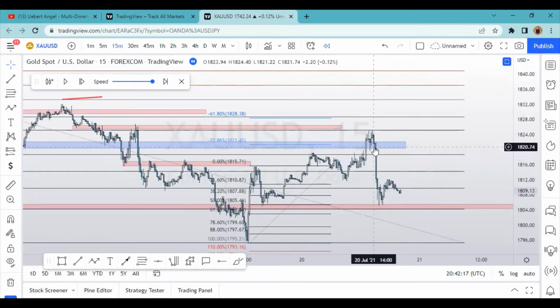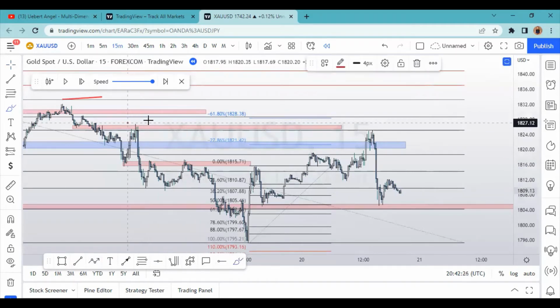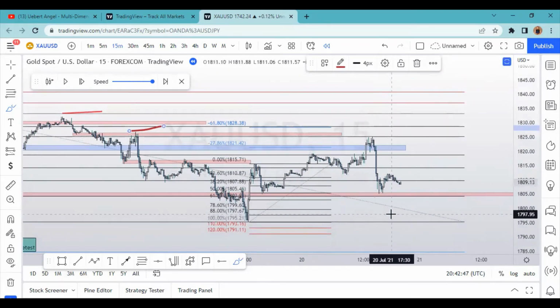Even if you had entered straight at this blue zone, your stop loss is around here, and then your take profit is all the way down. Your stop loss wasn't hit, although it would have been close to it. So if you don't have good psychology and you say, oh my god, let me just get out of the trade, you miss out on your whole move.